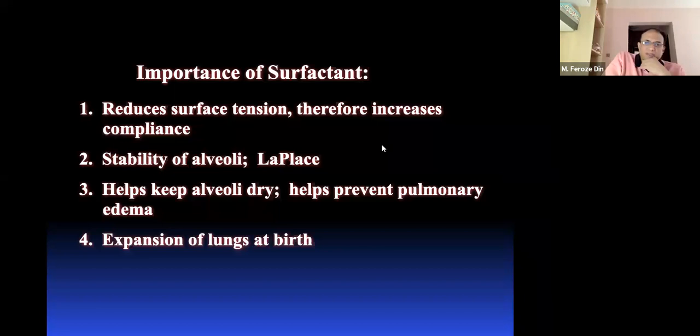It reduces surface tension, therefore increases compliance. So it reduces the work of breathing, and stabilizes the alveoli. That law, by the way, the one of the pressure in the alveoli, is called the law of Laplace.